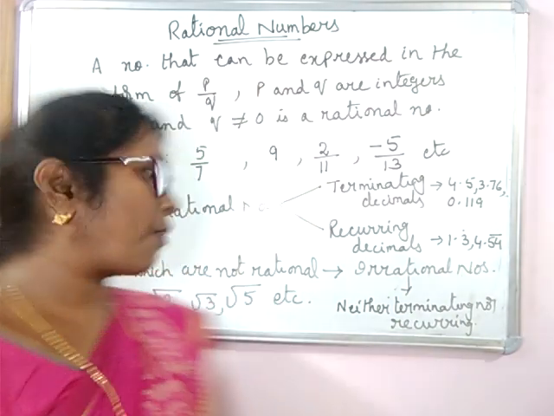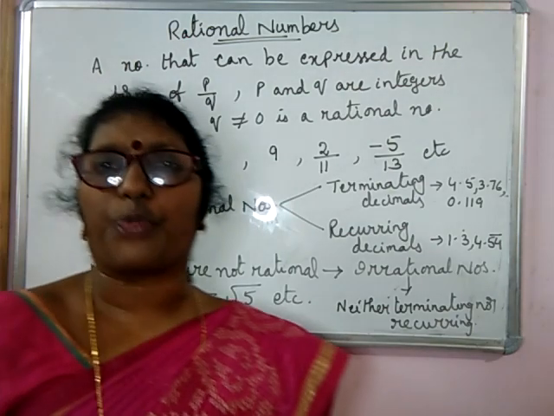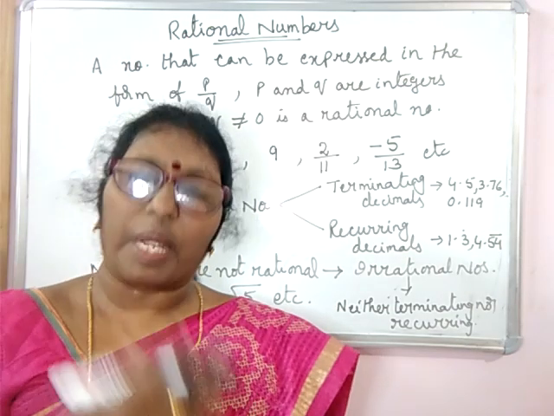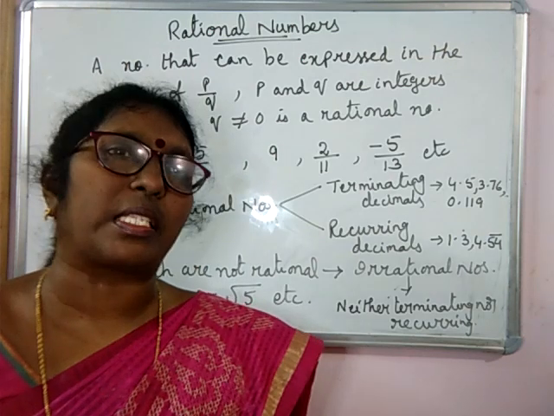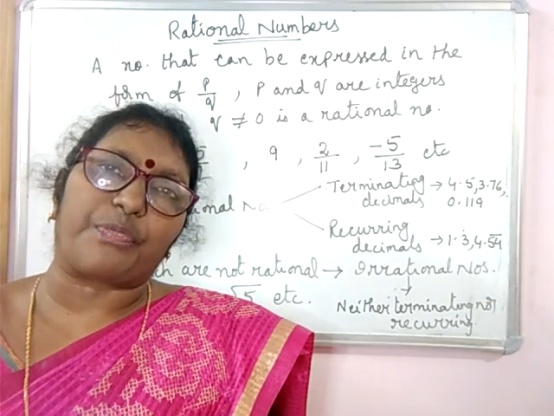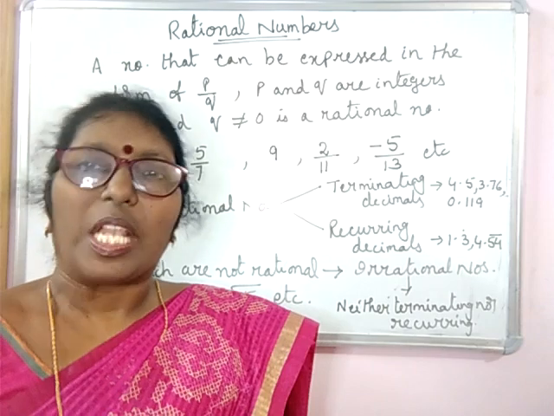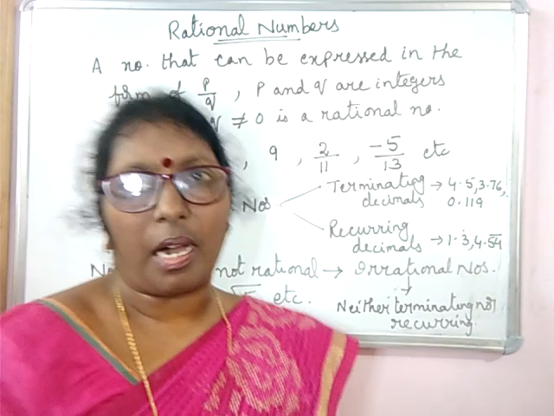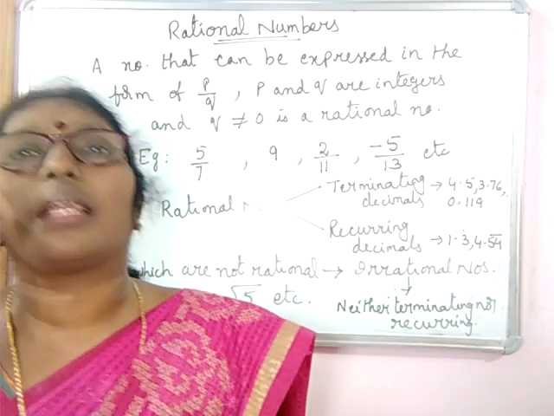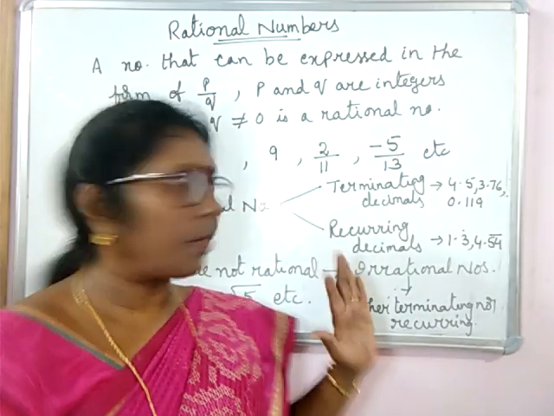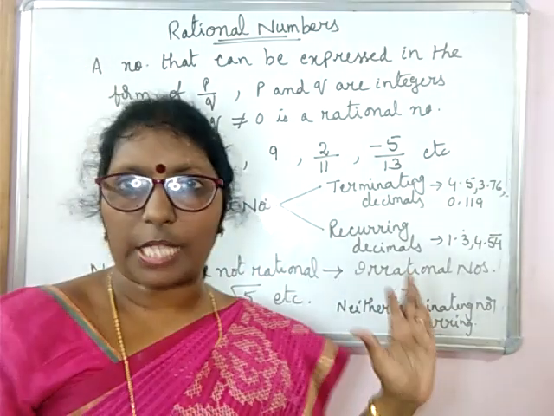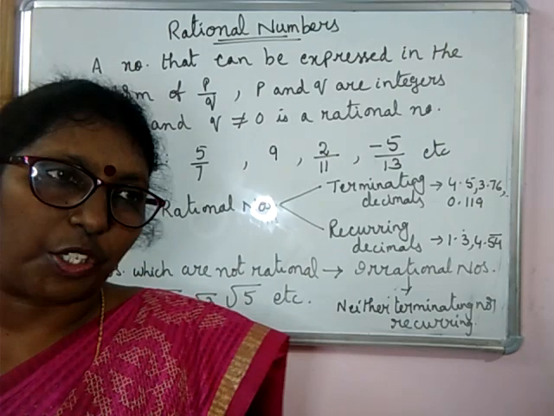The value of root 2 is 1.414 we take. But if you go on taking many more places, you will be getting different decimal digits. So, irrational numbers are non-terminating and non-recurring decimals. I believe you understood what are rational, what are irrational.